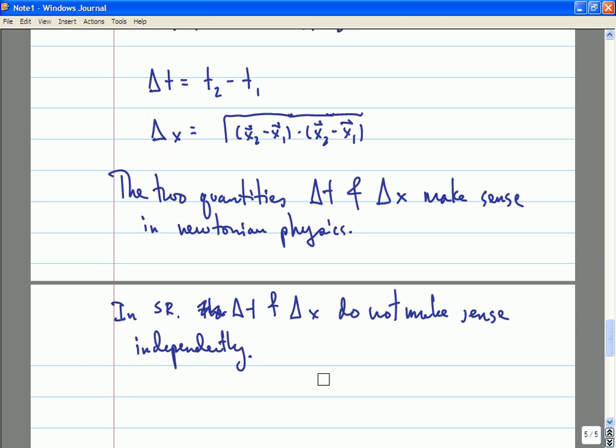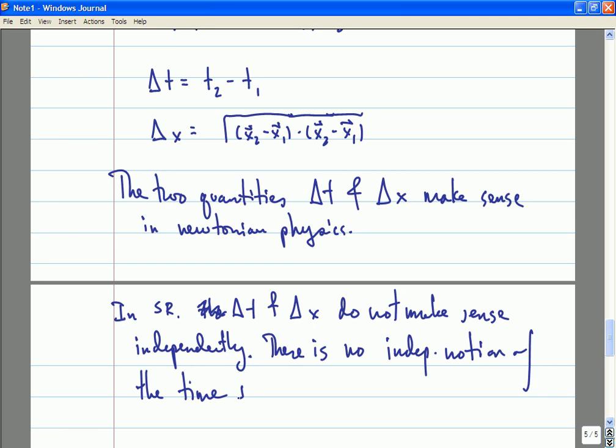But in special relativity, as you know, there is no independent notion of the time separation between two events, or the spatial separation between two events.